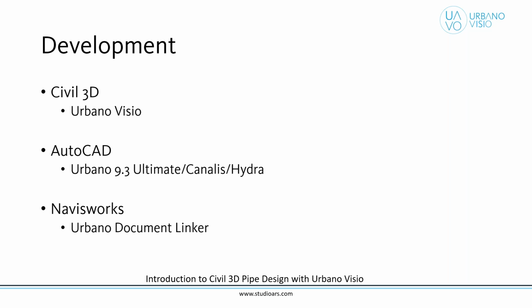About our development, we develop different products for different platforms. Today I'll be showing you Urbano Visio for Civil 3D. That's a product for gravitational pipe design with Civil 3D. It works with Civil 3D functions on Civil 3D objects, and it produces a design that is Civil 3D.